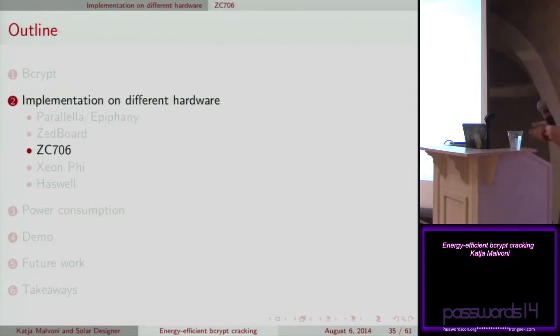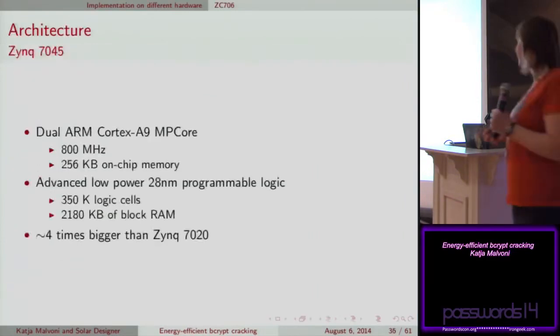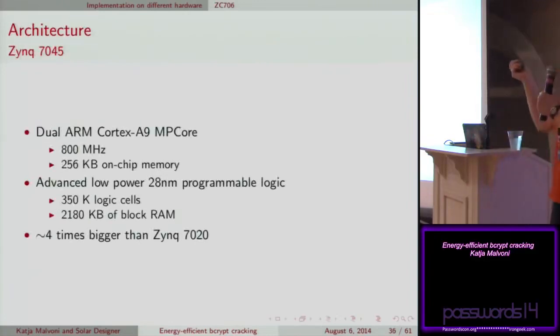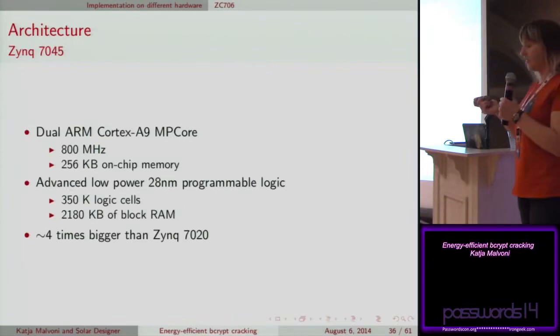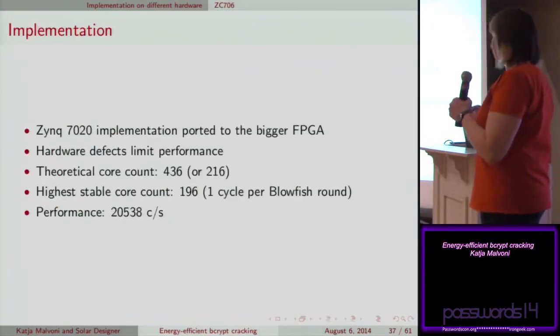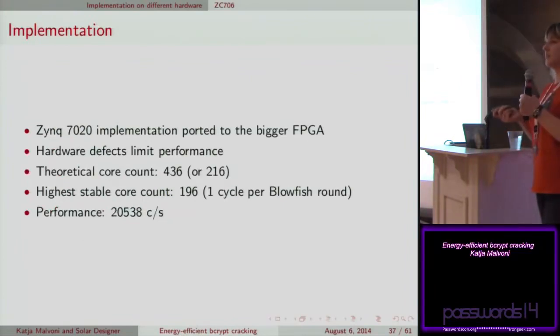So we have also this C706 board with Zynq 7045, which is roughly 4 times bigger than the Zynq chip that can be found on Z-board. What we did was just to port the best Z-board design to the bigger FPGA.